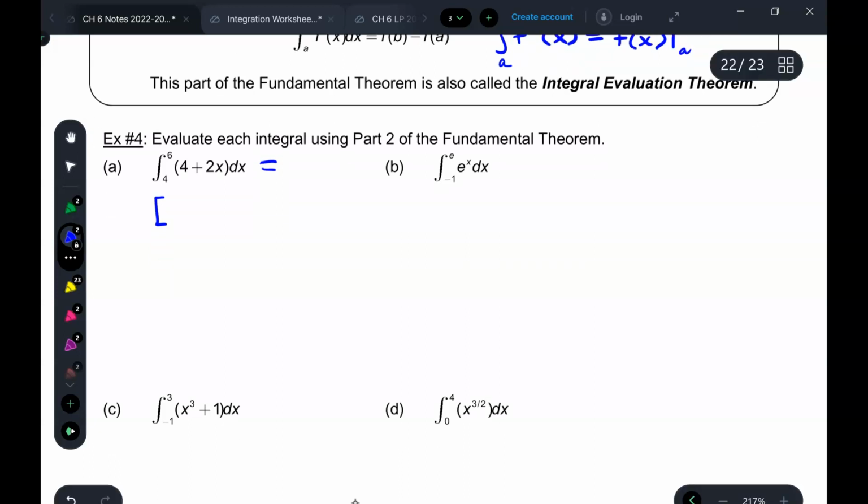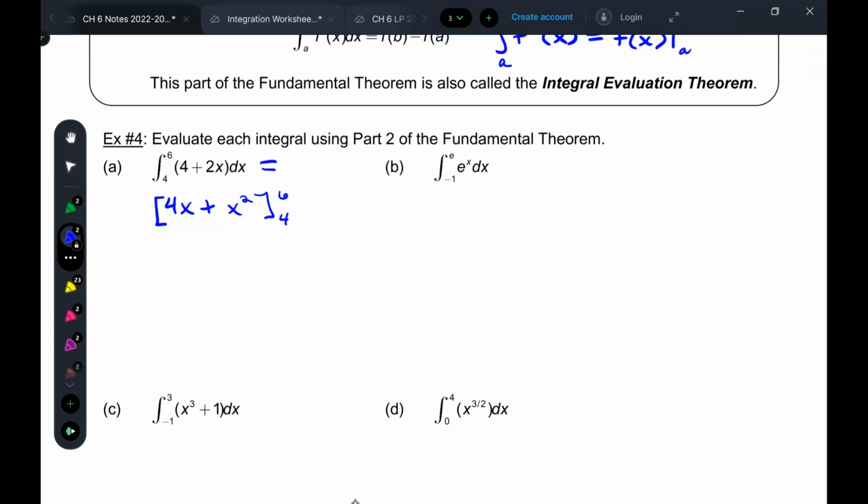Okay. All right, what's the integral for 4? It's going to be 4x. 2x is going to be 2x squared over 2, so just x squared evaluated from 4 to 6. Okay, so let's plug in 6.